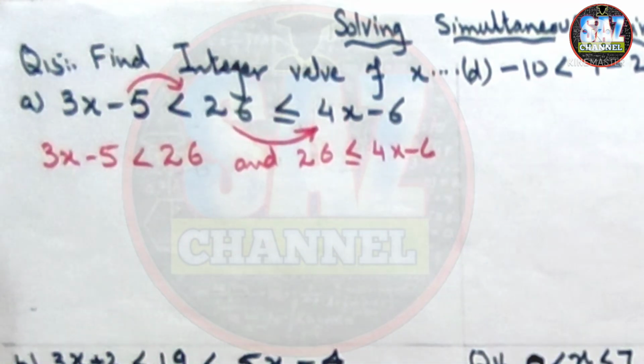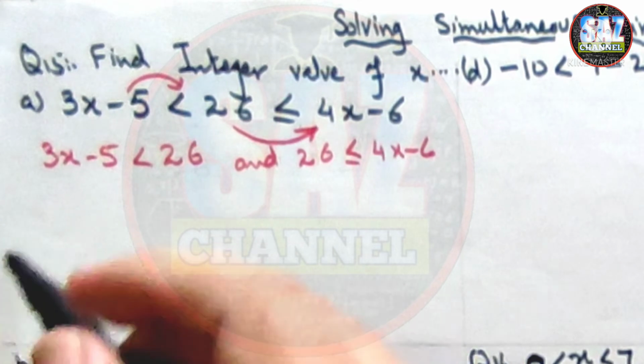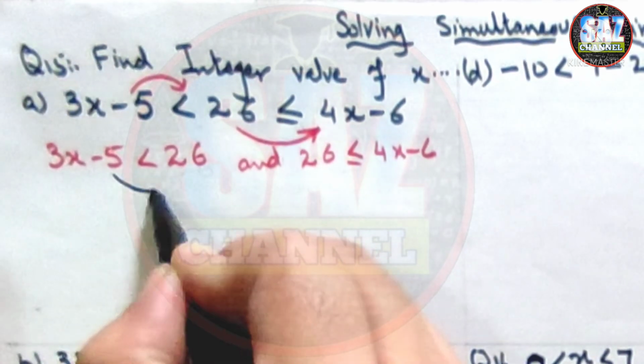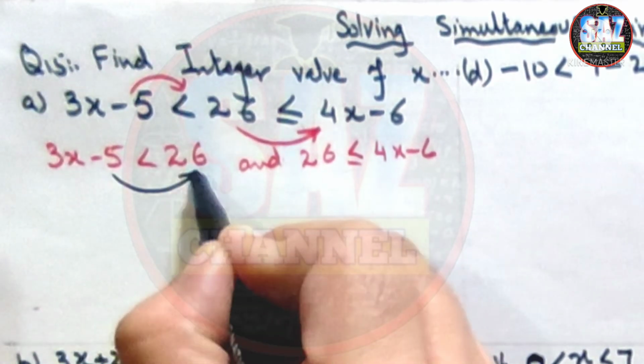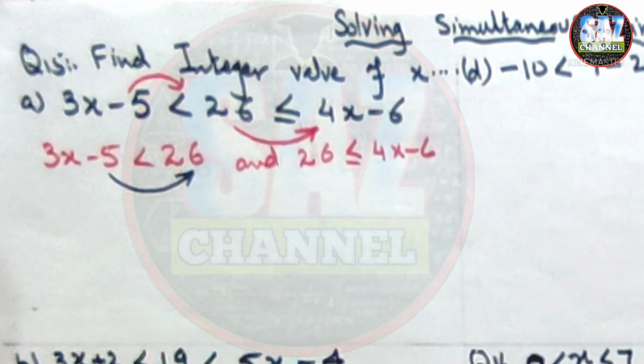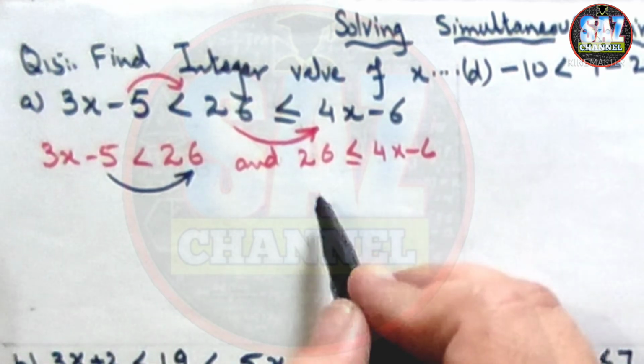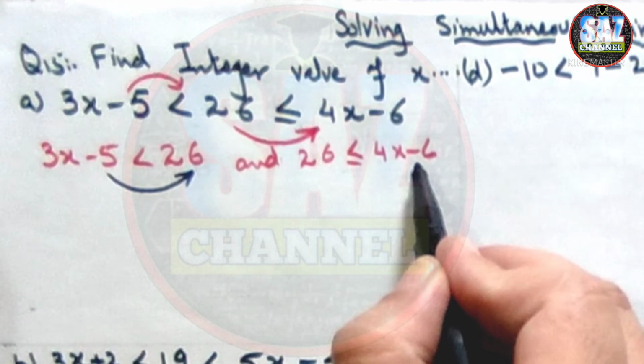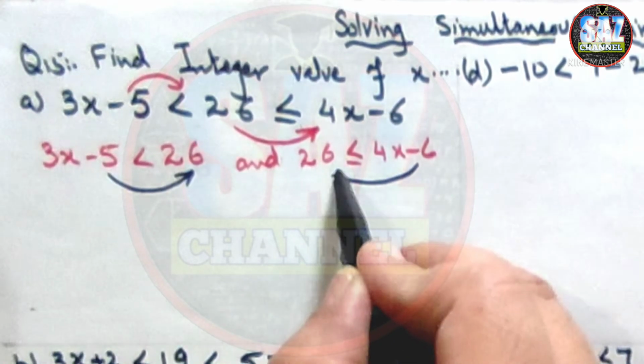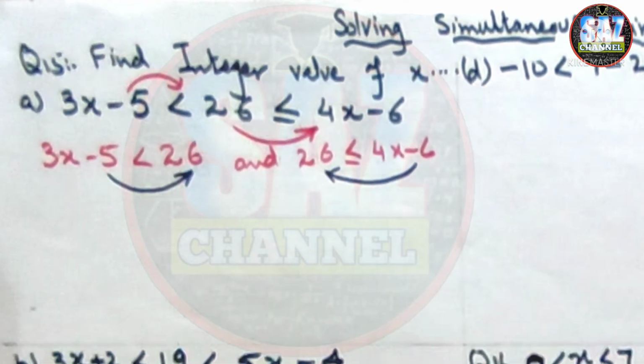Now in order to solve the inequality, I have to shift the constant to the other side, and do not forget the rule of the solution of simple linear equations and inequalities, that whenever we are shifting any term from one side to another side, we have to change the sign of that if that is in the addition form.